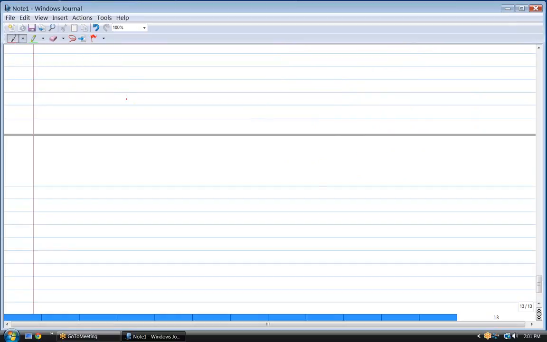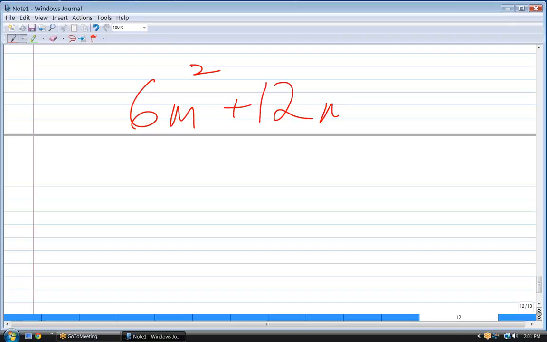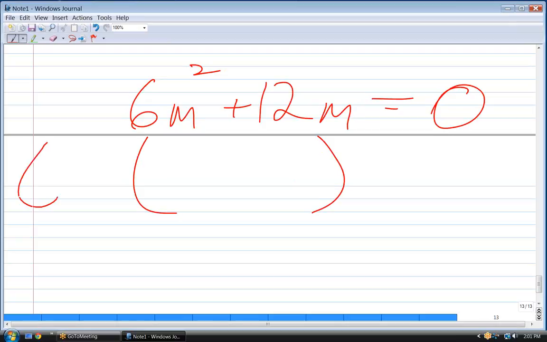Okay, the next one is 6m to the power of 2 plus 12m equals 0. Factor it. Okay, so it'll be 6m, and then on the inside it would be 1, or just m.